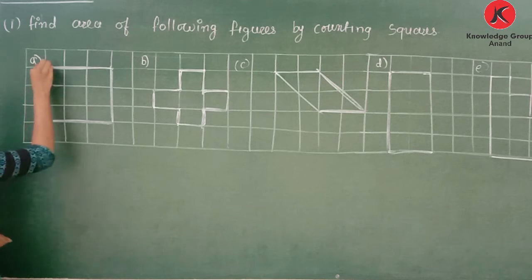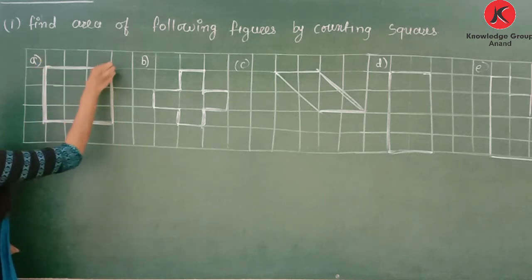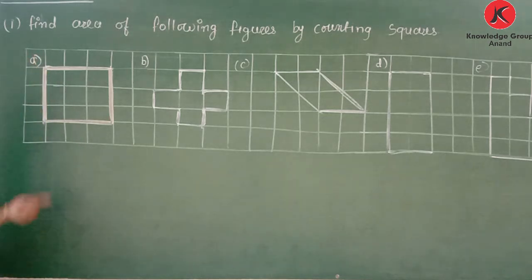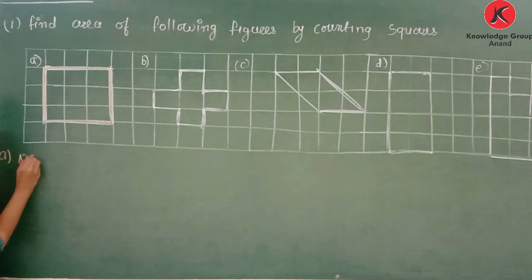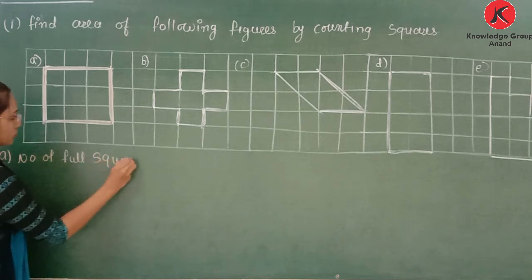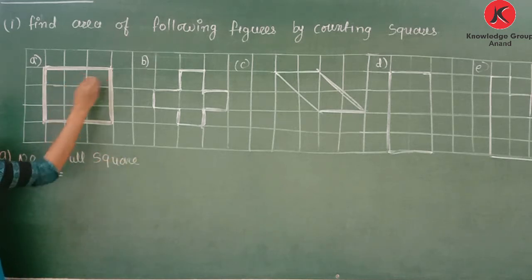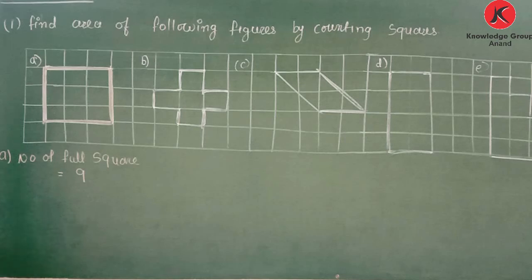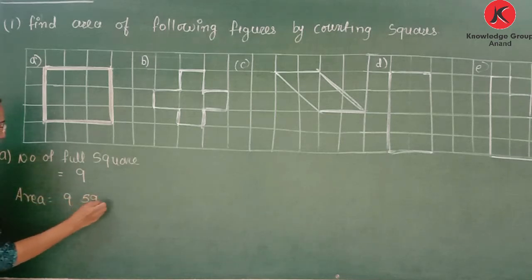This shape is given. It is kind of a square. So all are full squares you can see. So number of full squares is equal to 1, 2, 3, 4, 5, 6, 7, 8, 9. No half square, no more than half square and no less than half square is there. So area will be 9 square centimeter. Okay.